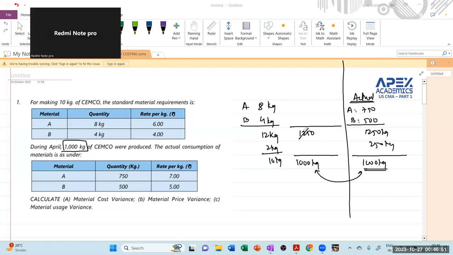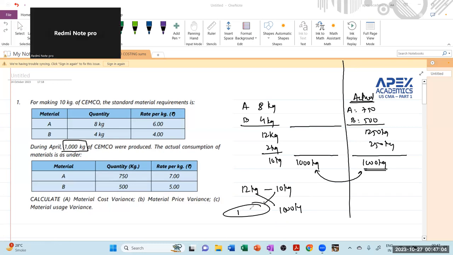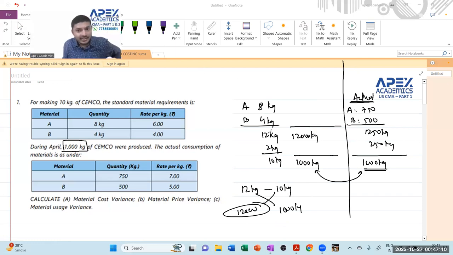So my question is, in 12 kg of input, I am getting 10 kg of output. So for 1000 kg of output, how many kgs of input I need? Now are these two uniform? Yes.